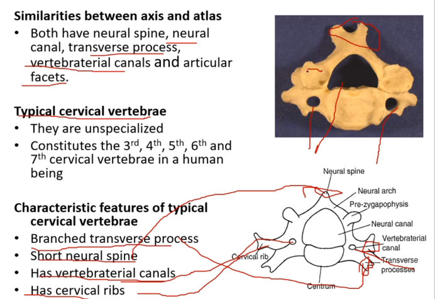Then here we have articulating surfaces or facets at the prezygapophysis for articulation with adjacent vertebrae. Then we have the centrum here. The purpose of the centrum, we said, is to support the body weight and also protect the spinal cord. Then we have the transverse processes here, which are branched, for provision of surface for muscle attachment.